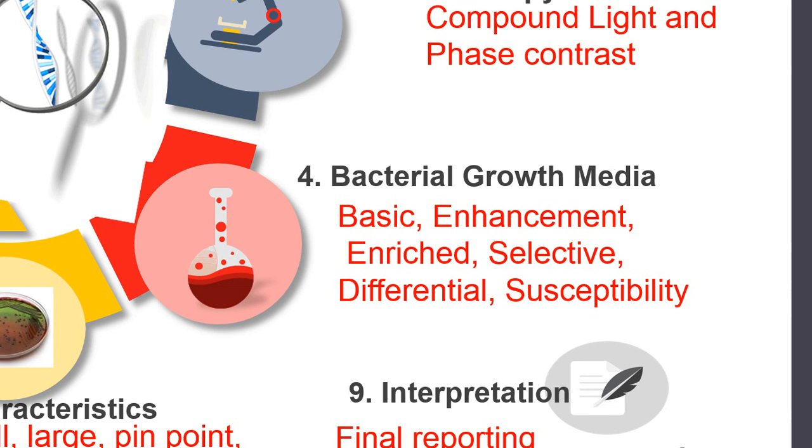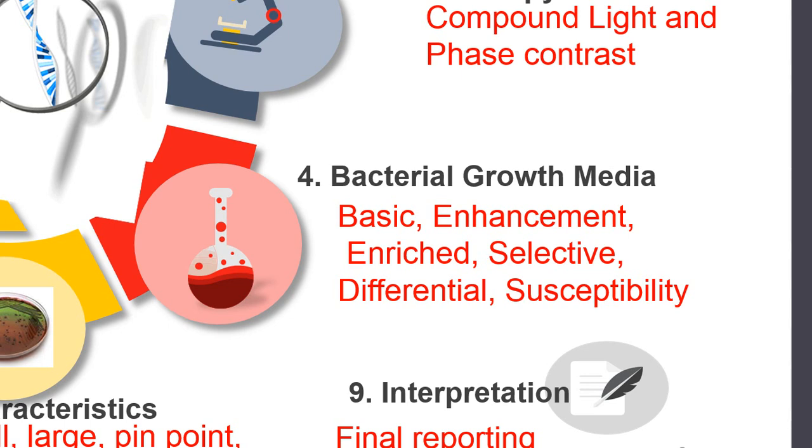On the other hand, mannitol salt agar is particularly used to grow gram-positive bacteria, not gram-negative bacteria. So the selective media will help us differentiate whether the organism growing is gram-positive or gram-negative.